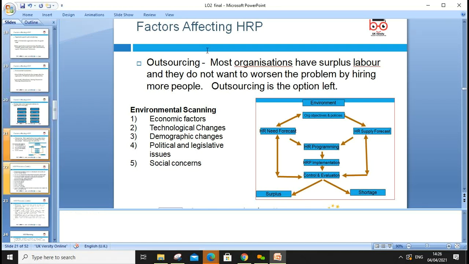Think about the NHS: we have a minimum of 20,000 doctor shortage and around 45,000 nurses shortage in the UK. Why did we reach that point? Because we did not scan the environment, we did not put in the training, and people are not willing because the incentive was not given.